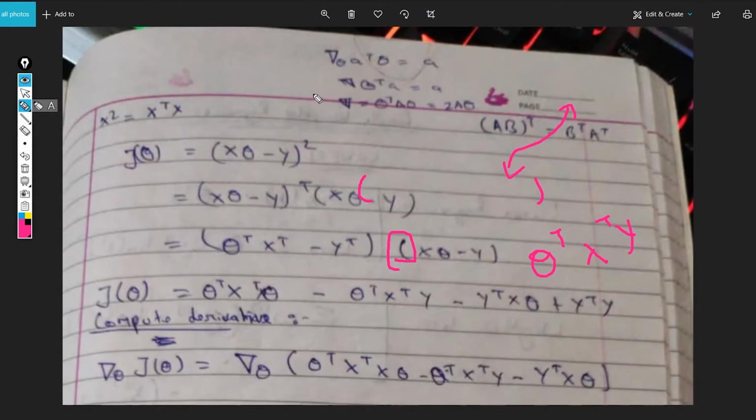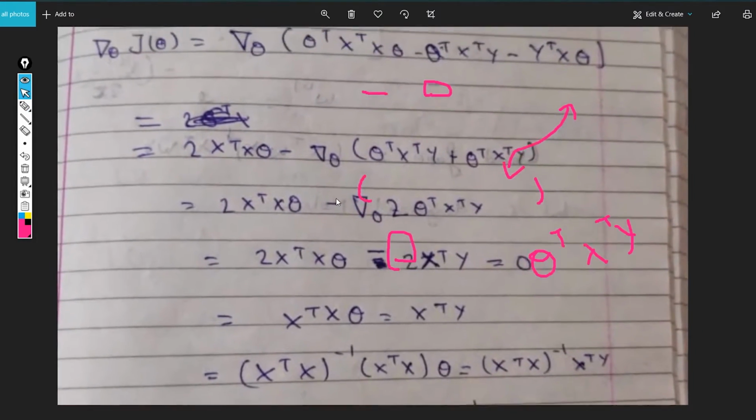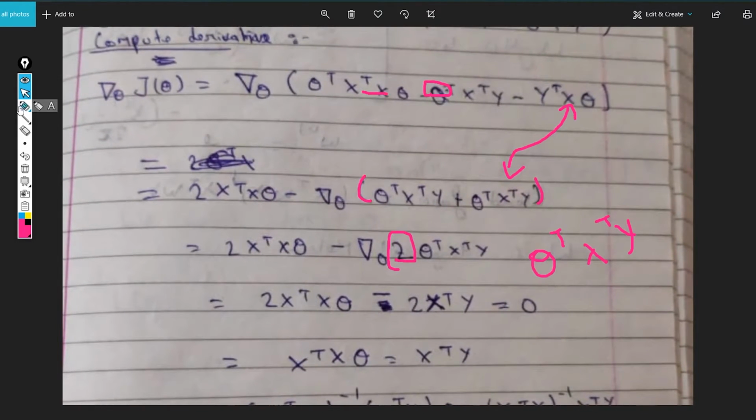What we had here is, if we have derivative of theta transpose A, then output is going to be A. So same thing we are gonna do here. Like we had theta transpose, this was A, so we are going to have the output like minus 2 x transpose y, because this is the same A, and we are just using that formula here. We are not doing that much.